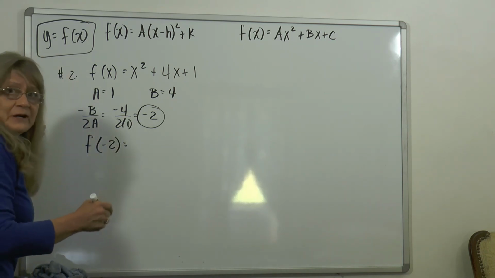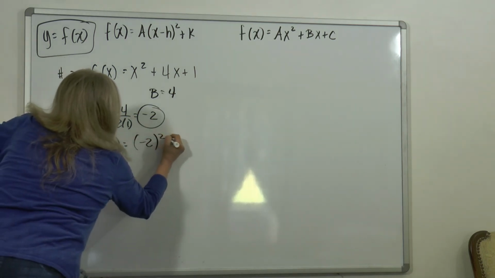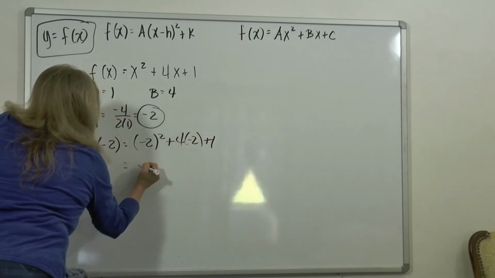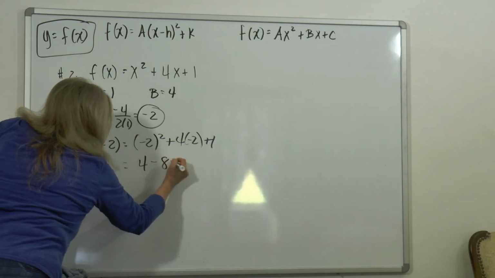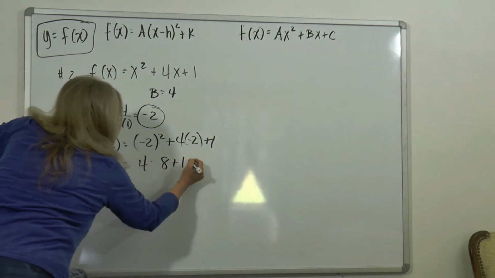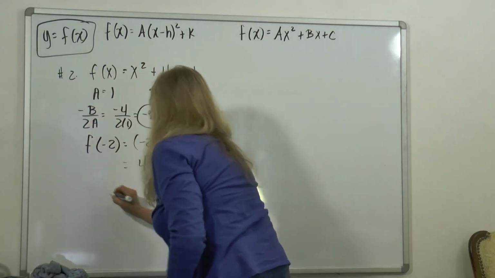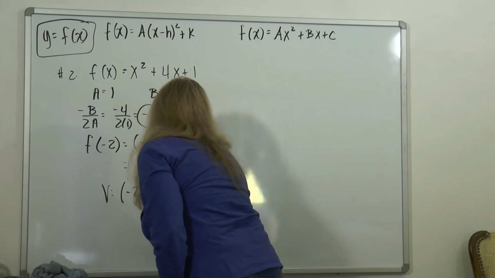Remember the parentheses around your negative values when you put them in. -2 squared plus 4 times -2 plus 1. So -2 times -2 is 4. Then that's a -8 plus 1. So that's going to give me -3. Okay, so my vertex then is -2, -3.